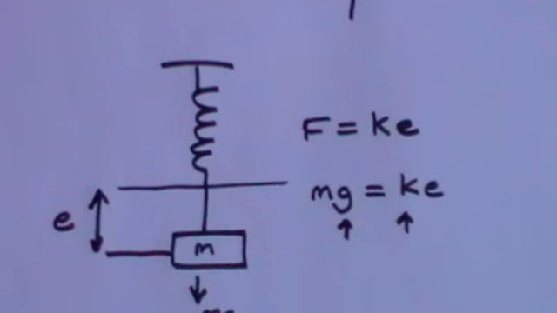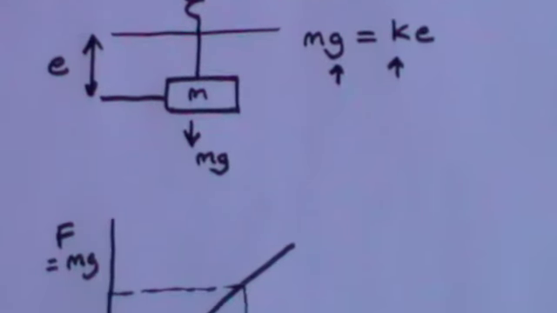But the spring will have limits. You can't, for example, find the mass of an elephant on the spring. If we draw the force, which of course is equal to mg, versus the extension of the spring, it is certainly true that for a reasonable force, you will get a straight line.